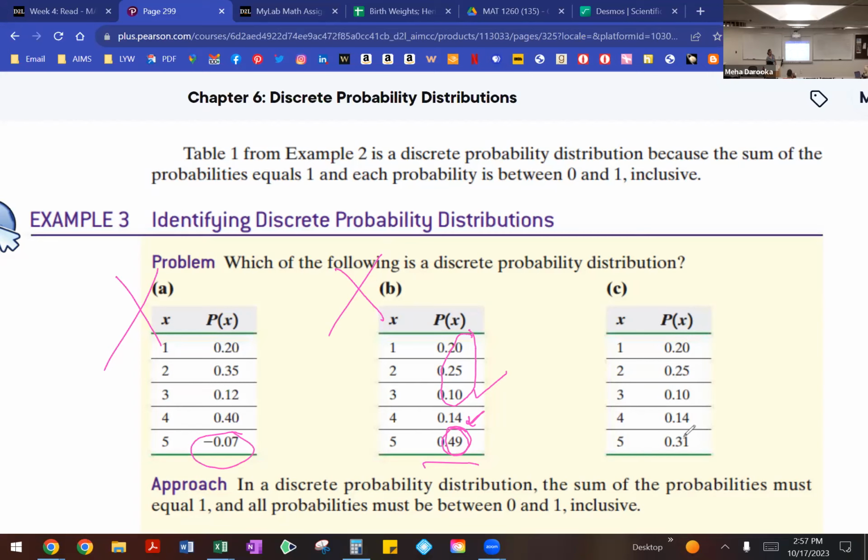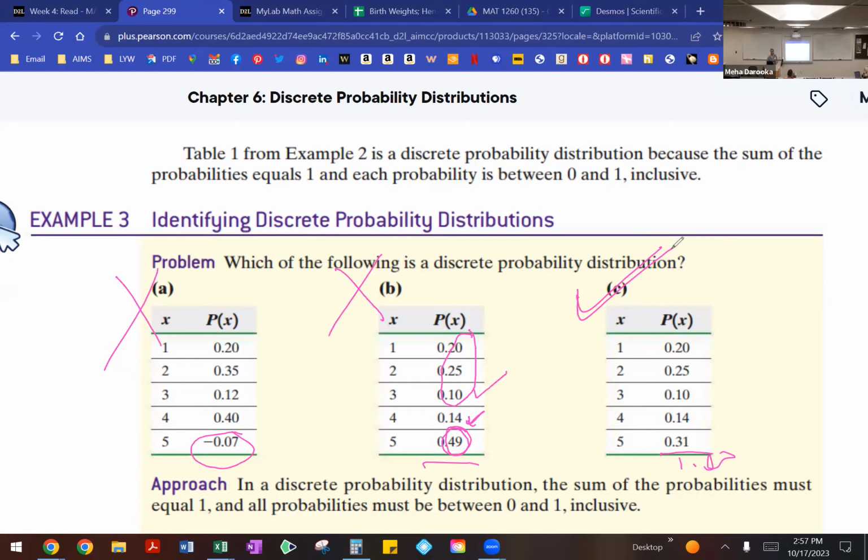All of these are between 0 and 1, so those 5 probabilities are okay. But again, what's that total? Yes, this does add up to a total of 1. So this was the only one that we can say is a discrete probability distribution.